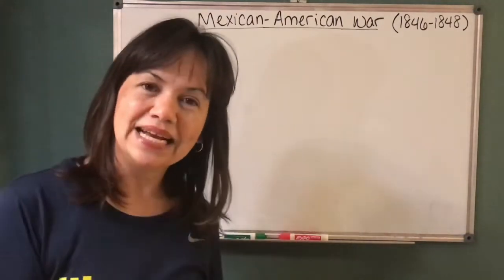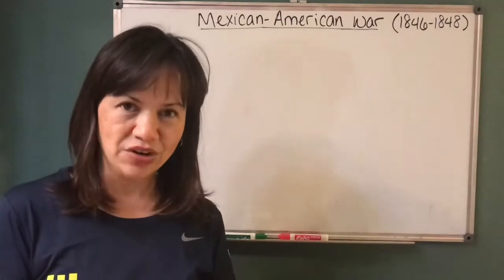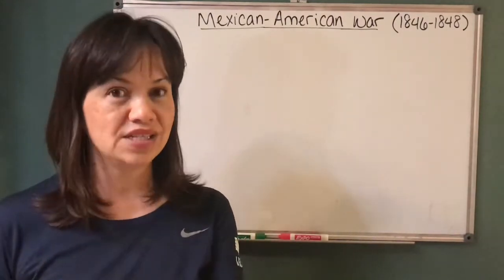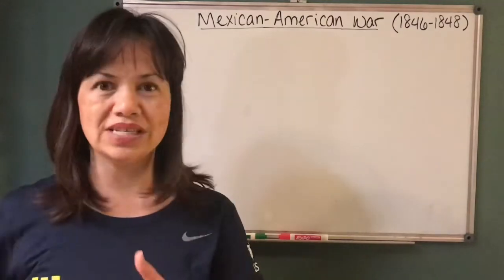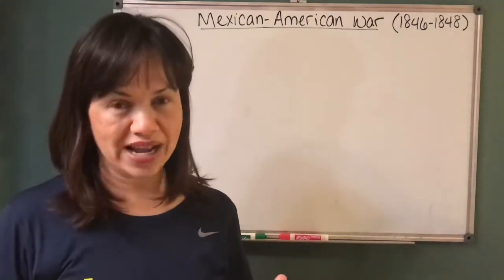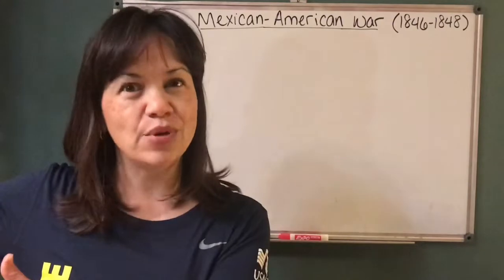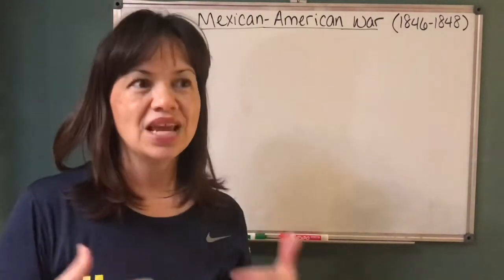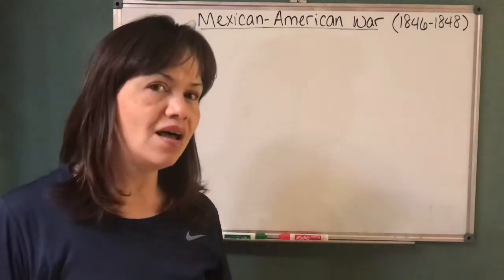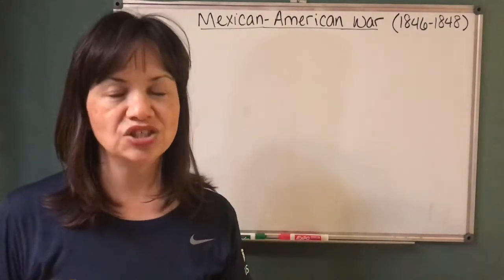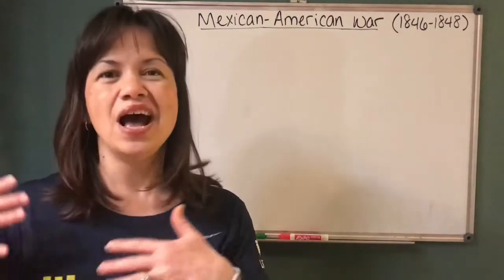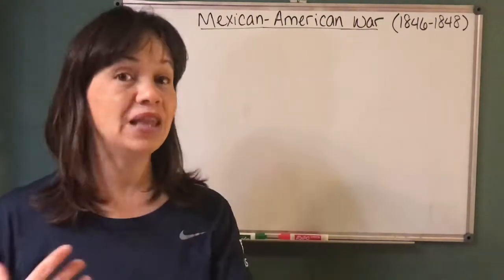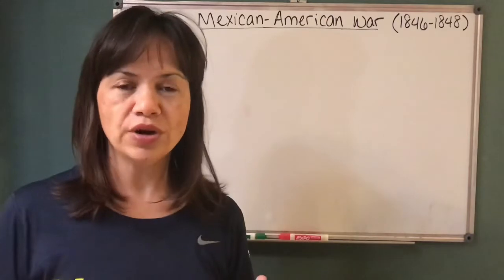But in the state government, you have the governor and the lieutenant governor. And then we have the legislative branch, which is made up of the House and the Senate, just like in the U.S. government. Oh, I'm sorry, the legislative branch, they make the laws. So the legislative makes the laws, the executive branch carries out the laws, and then the judicial branch, think of the word judge, they interpret the laws and apply them in the courts.